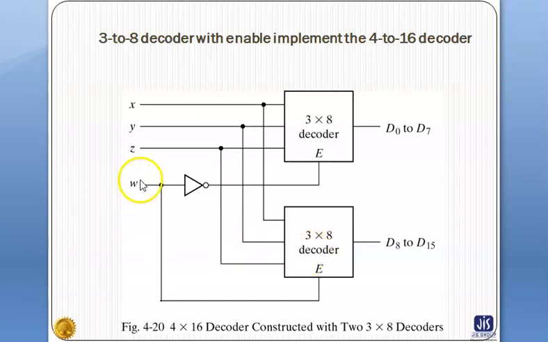Okay. Here W is the MS bit and X is the LS bit for the 4 to 16 decoder. For 0 0 0 0 to 0 1 1 1, the upper decoder will be working, and for 1 0 0 0 to 1 1 1 1, the lower decoder will be active, and we will get a 4 to 16 line decoder.